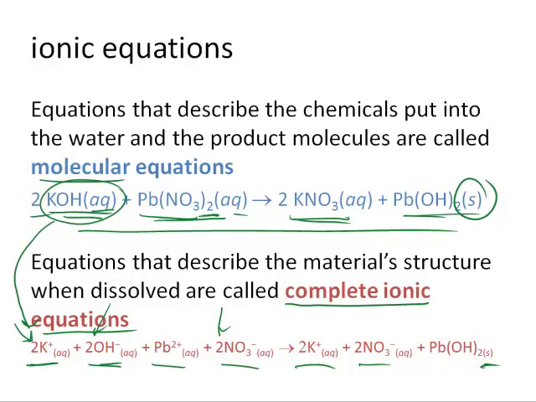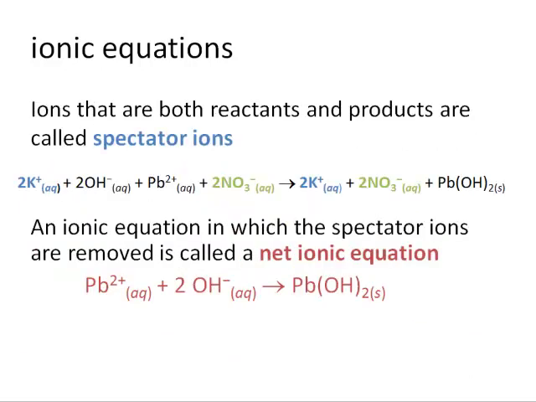If we look at the complete ionic equation, you can see that there are several ions that are the same on the left and right side of the equation, the same in the reactants as they are in the products. We refer to these as spectator ions. They really didn't do anything in the chemical equation, potassium being one of them and nitrate being the other.